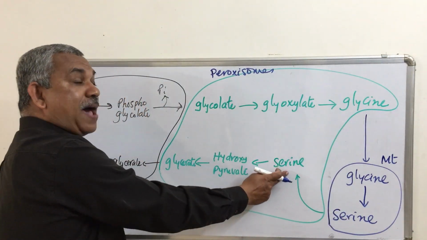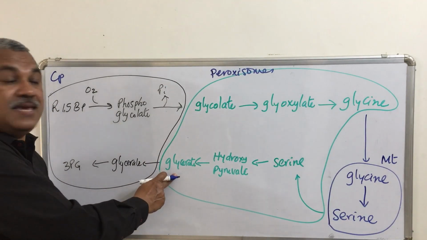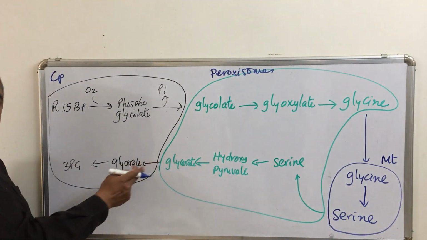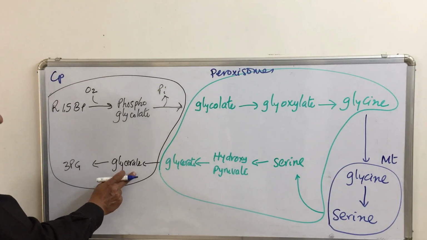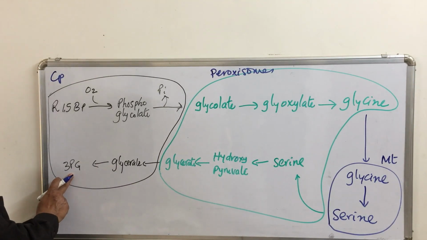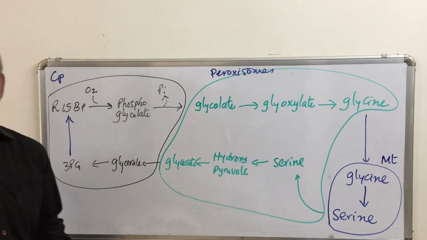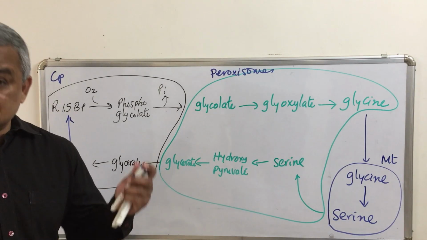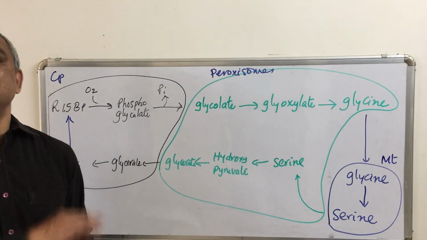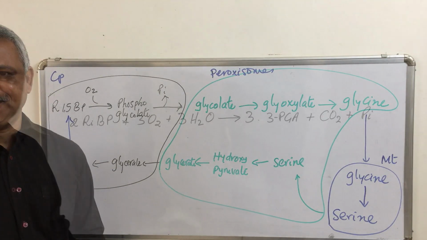Then it is transferred back into the peroxisome. Serine is converted to glycerate in the peroxisome. Glycerate is transferred back into the chloroplast, where it is converted to 3-phosphoglycerate, and the 3-phosphoglycerate can be converted back into ribulose 1,5-bisphosphate, or it can be converted to starch. This is the summary of C2 photosynthesis.